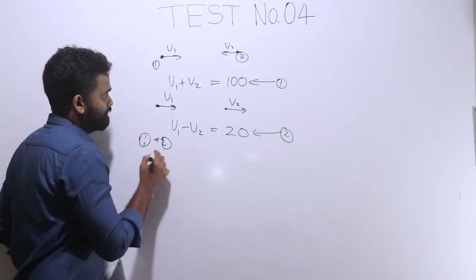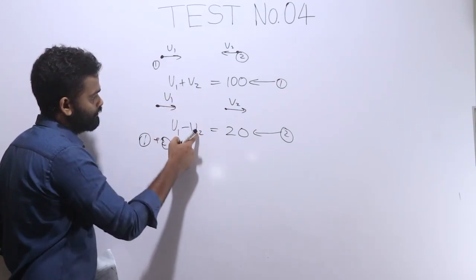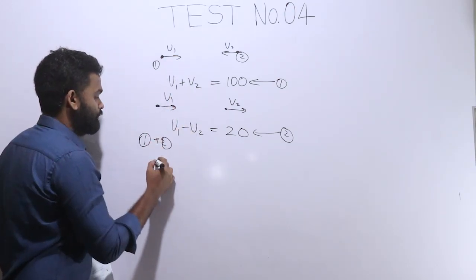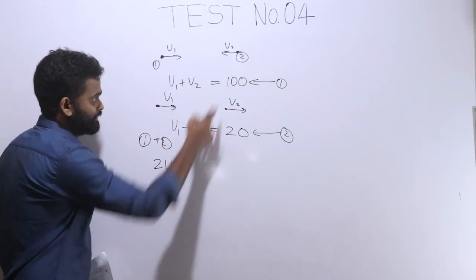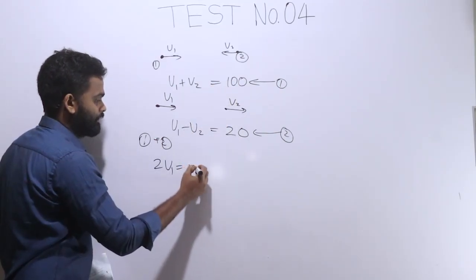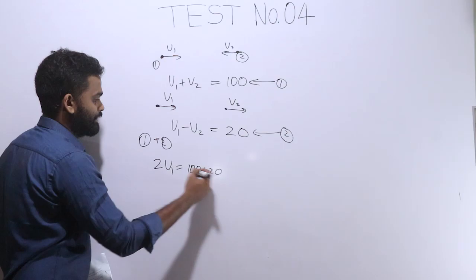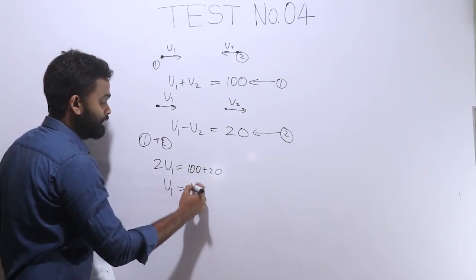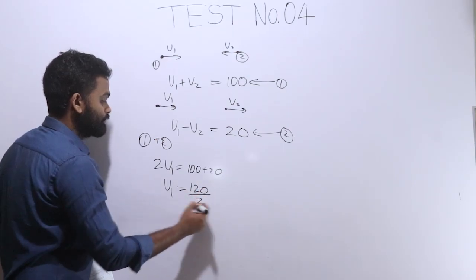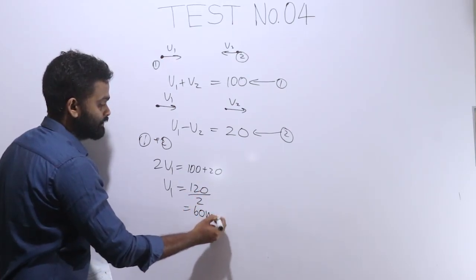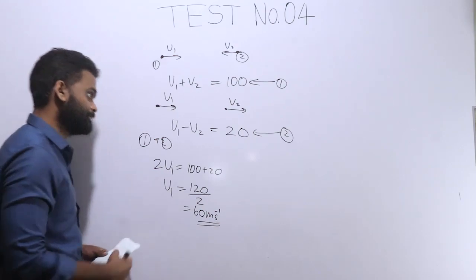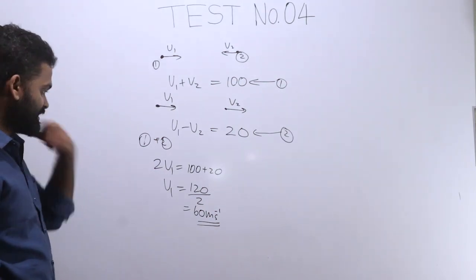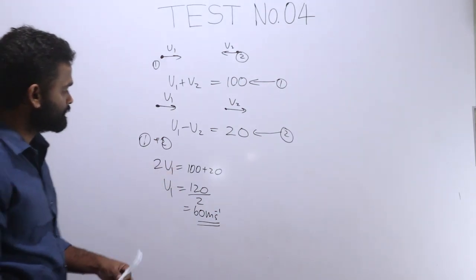So simply add them, then v2 cancels off. 2v1 equals 100 plus 20, 120. Then v1 is 120 divided by 2, so that is 60 meters per second. That is v1.